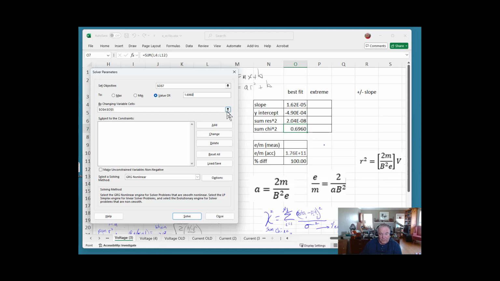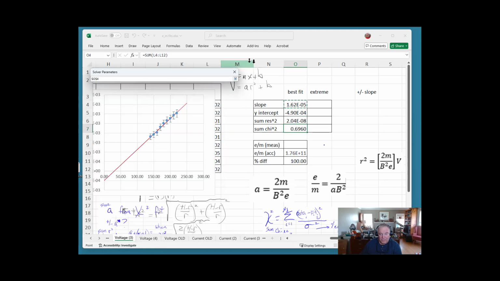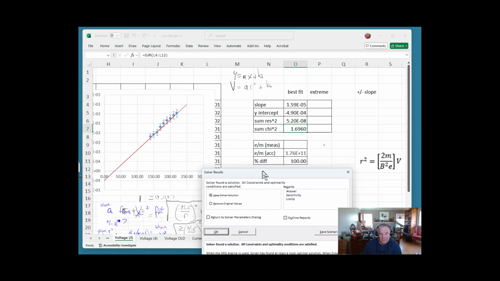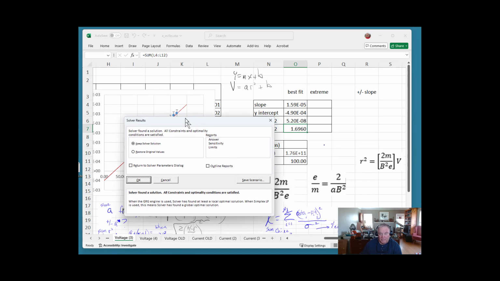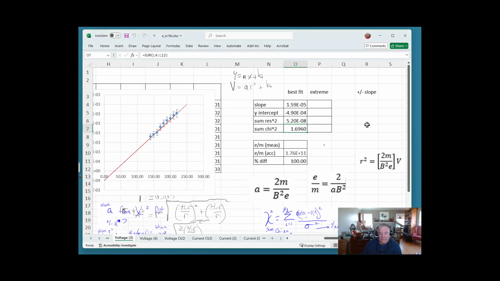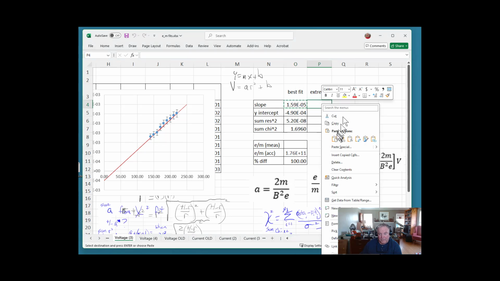And we only want to change the slope. And so we hit solve. And something happened that doesn't seem outrageous. We say OK. And now we take this and we copy it. And we paste the value.